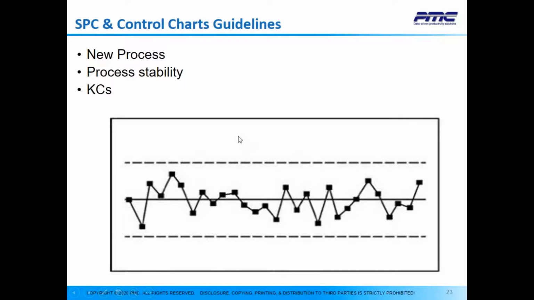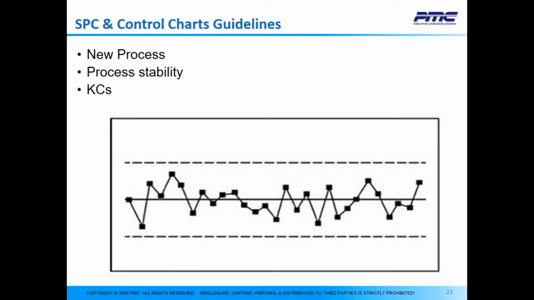Control charts, some guidelines that I wanted to provide you here. SPC is not a PPAP element. As you know, PPAP is the production part approval process. And it's not a required element, but it plays an important role in determining the process capability and in keeping the process in control. So control charts should be used when the process is new.